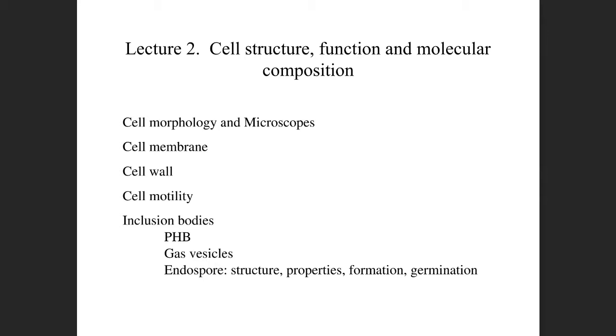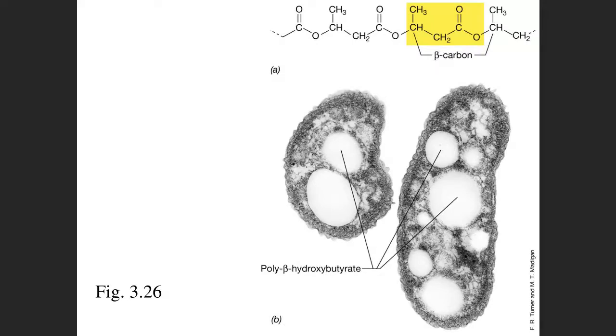Let me highlight. Some bacteria, okay? So that needs to be clear. Some bacteria have what's called PHB, some have gas vesicles, some have endospores. What's PHB? Well, PHB is this.